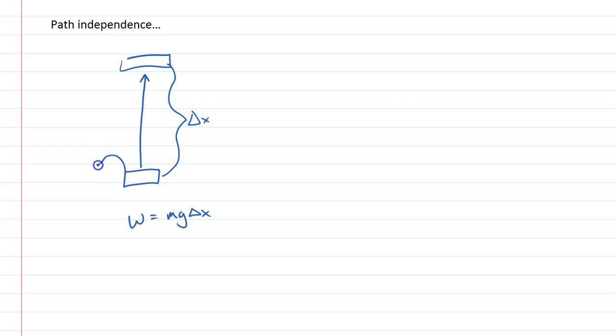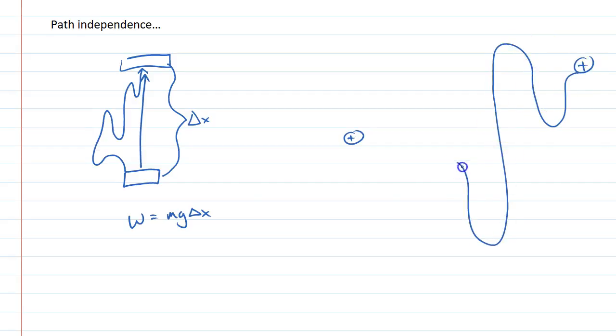Now I might carry this book and bring it up and down and up and down, but as long as you have the same initial state and the same final state, the overall work done on it is just that. So the same with a particle. If I say bringing it close to 2 meters away, I might have a like particle and I might be bringing it all around until I place it here, which is 2 meters away.